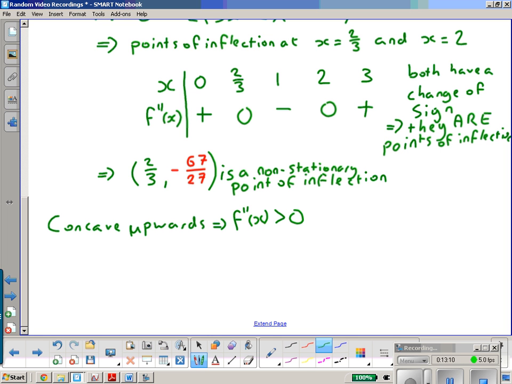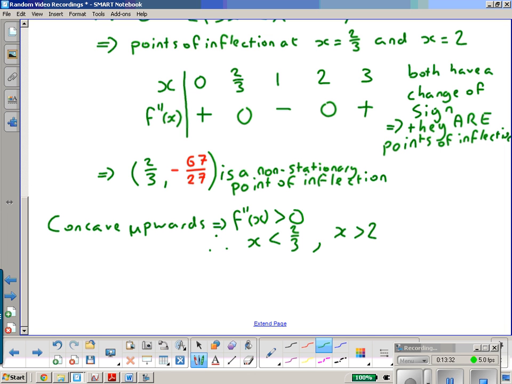We can see from our sign diagram that this is true when x is less than 2/3, but also when x is bigger than 2.